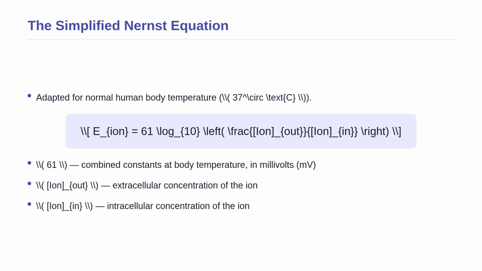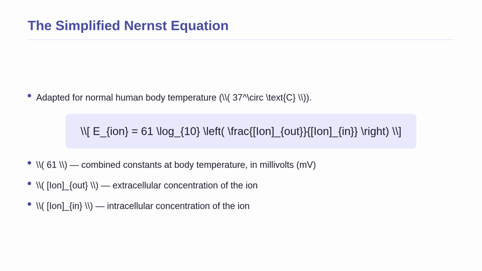This complex formula we just saw leads us to a much more practical version. Because human body temperature is relatively constant at 37 degrees Celsius, we can combine all those constants and convert the natural logarithm to a base 10 logarithm. For a monovalent ion, the formula simplifies beautifully.